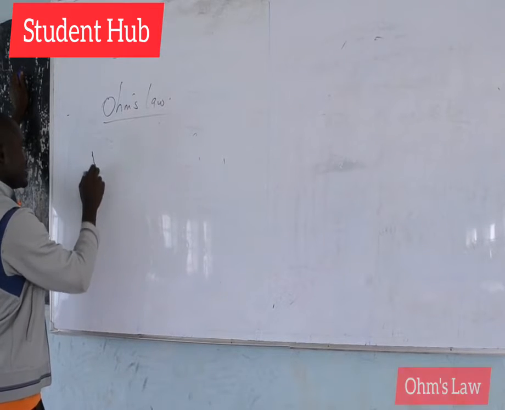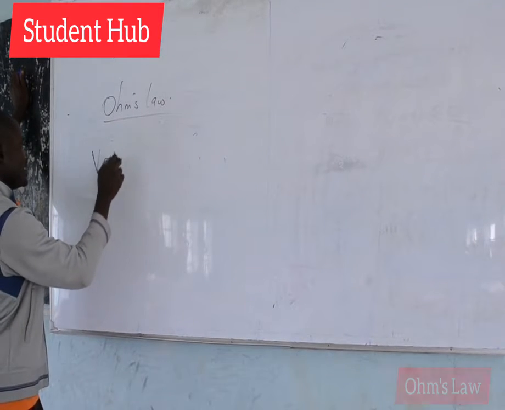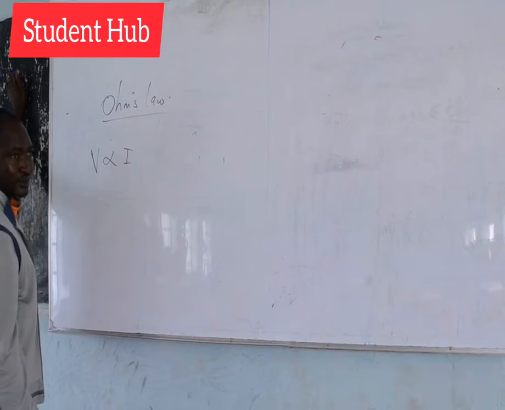So how can we do that mathematically? Say voltage is directly proportional to current.